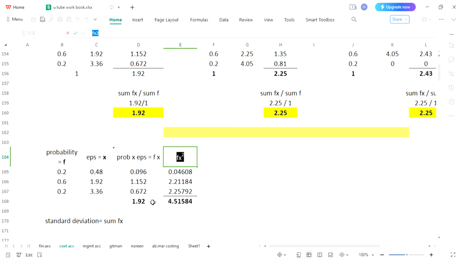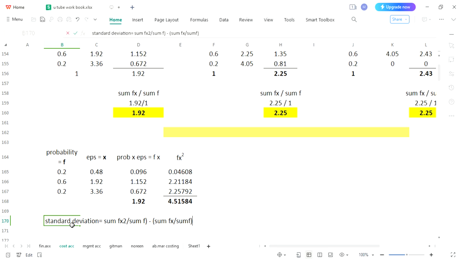To write down your formula, what I was saying, you need sum of fx square, and it would be divided by sum of f, bracket close. Then again you will subtract the average. Okay, instead of this we need to write sum of fx divided by sum of f, and then you will put the square.